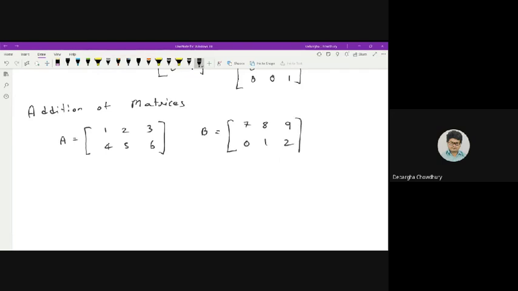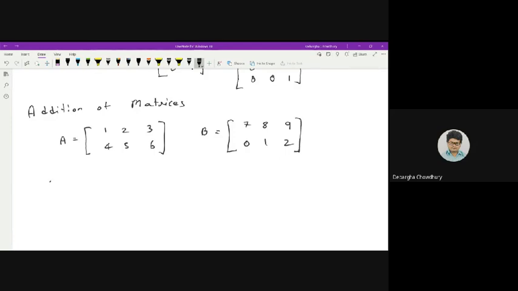These are two matrices. We need to basically add them. So how do we add these two matrices?